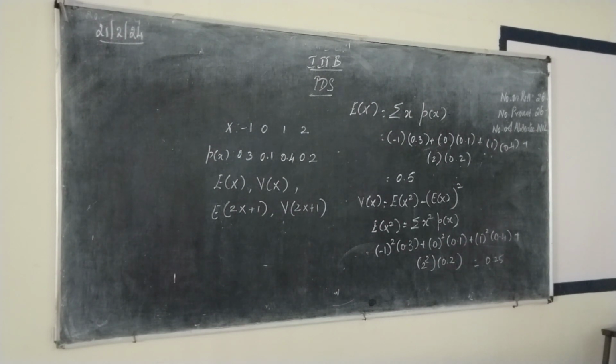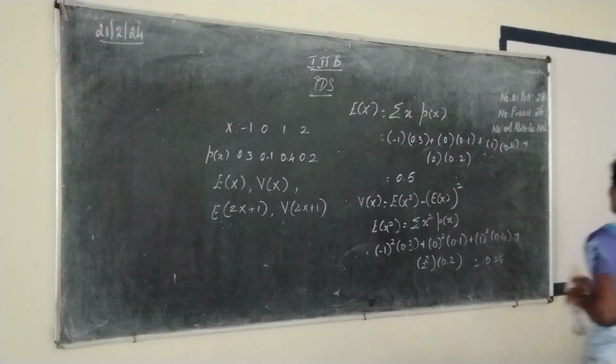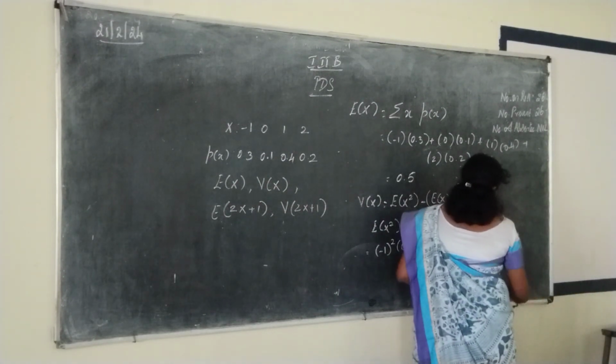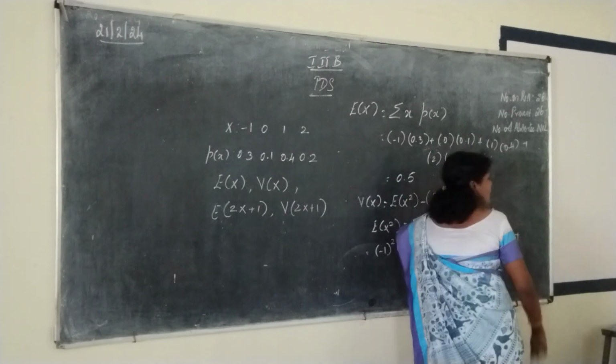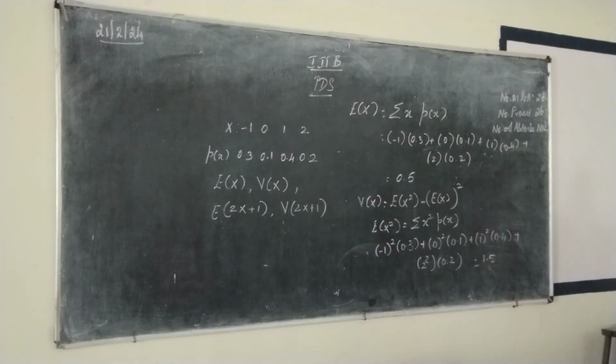Only one should be right. Which one is right? 1.5. Then how come first it was 0.25? So it is not E of x the whole square. It is E of x square. There is a difference between both.